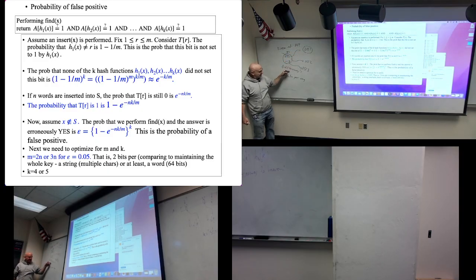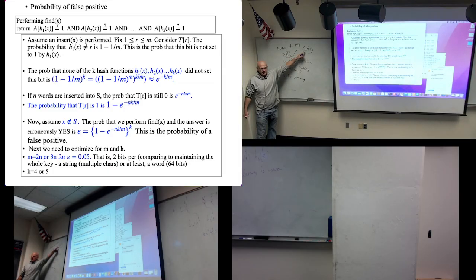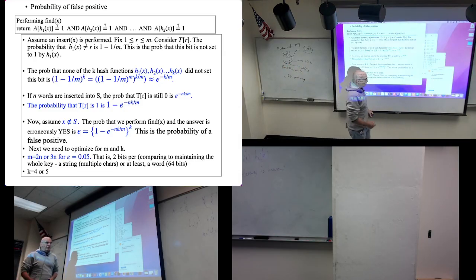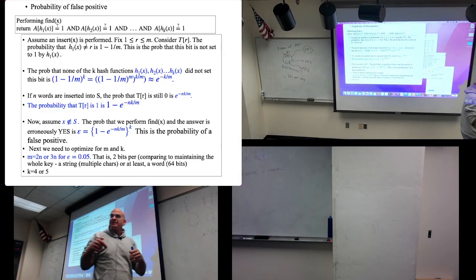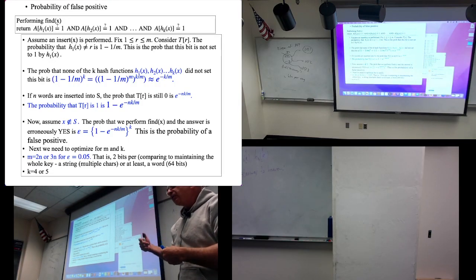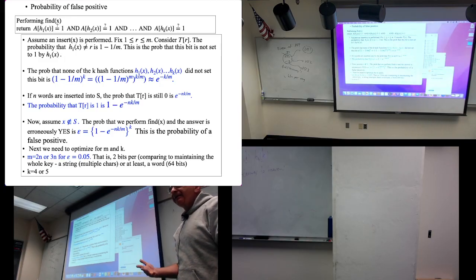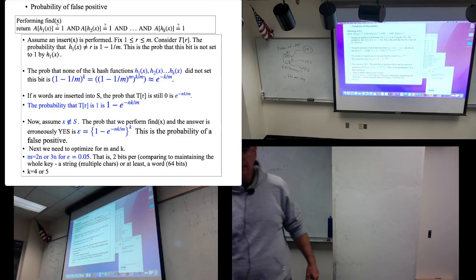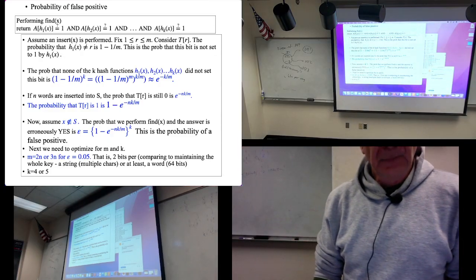If it says that, yes, it seems that Stairway is there, then I submit a slow query to DB1 to check: do you actually have it or not? And according to epsilon, somewhere between 5% of the time and 1% of the time, I submit a query for a song that is not really there. That's OK. I still saved lots and lots of queries that I don't need to make.